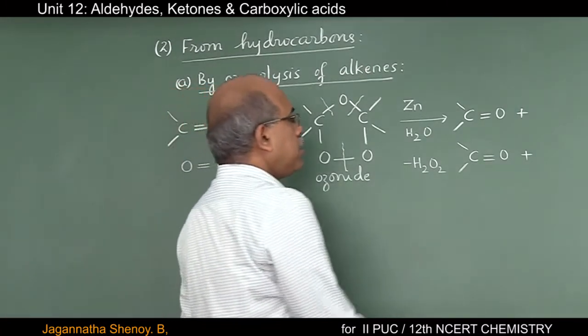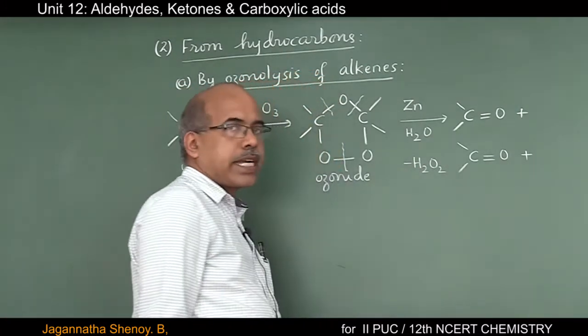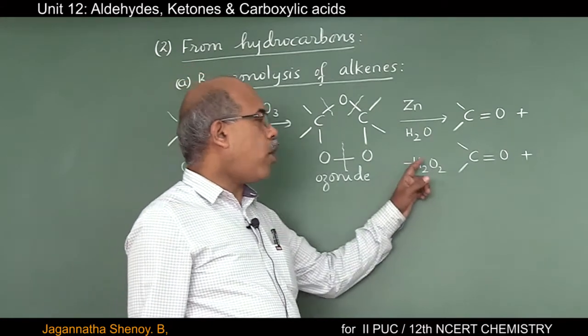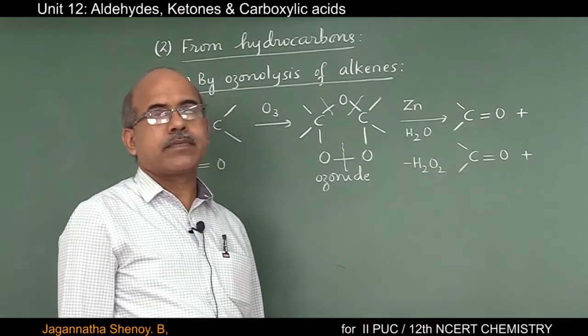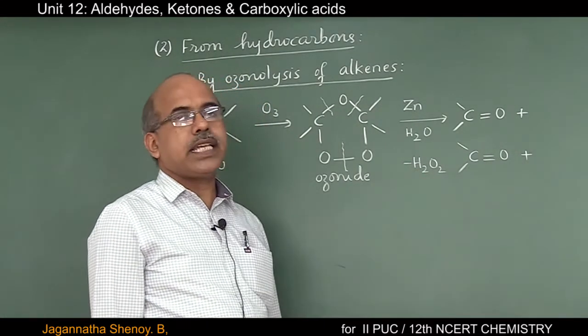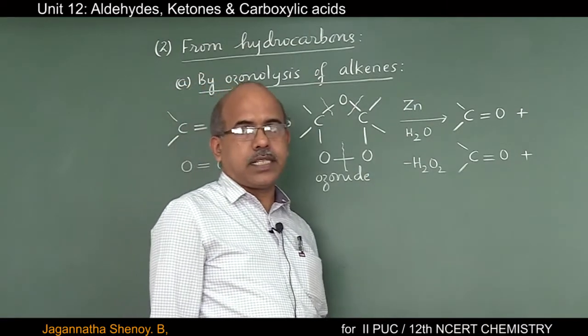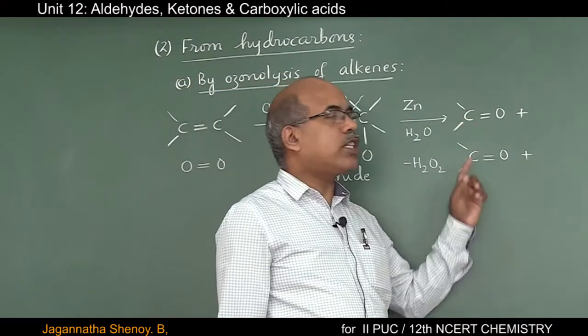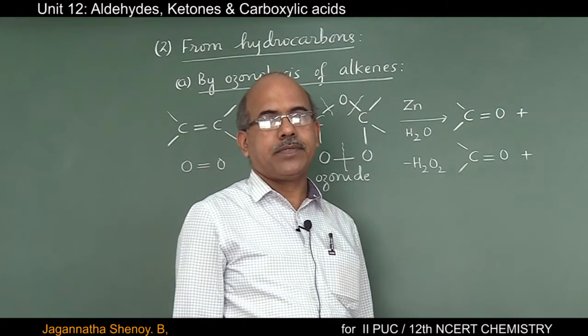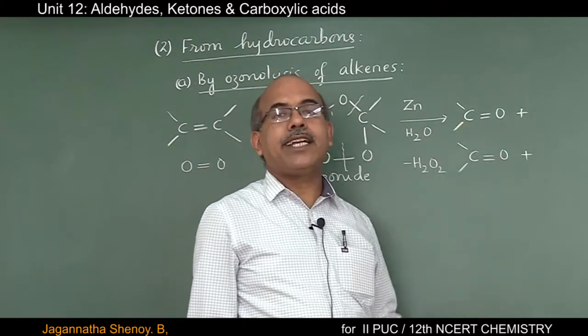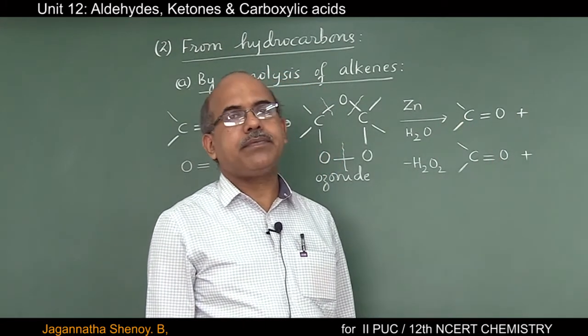Now, the problem with this hydrogen peroxide is, it is an oxidizing agent, and this oxidizing agent oxidizes if at all one of the products happens to be aldehydes. Those aldehydes will be oxidized to carboxylic acid.